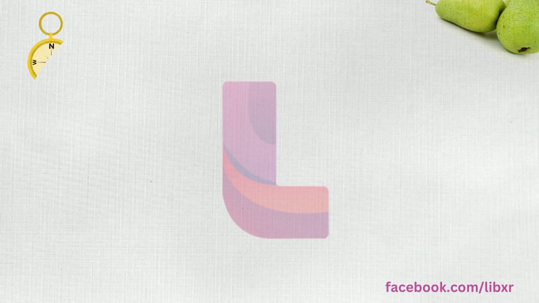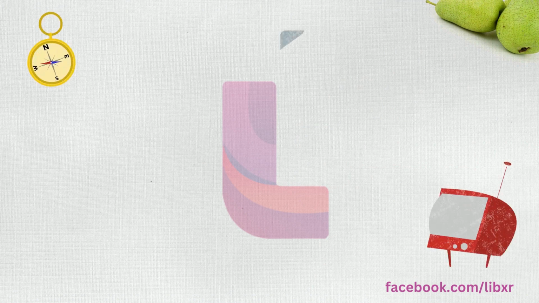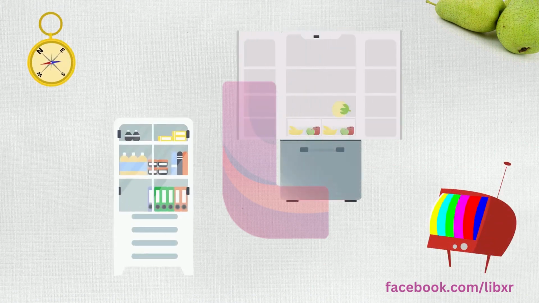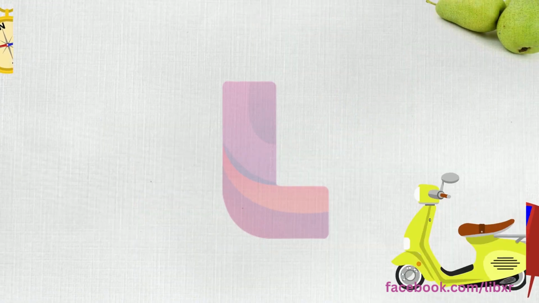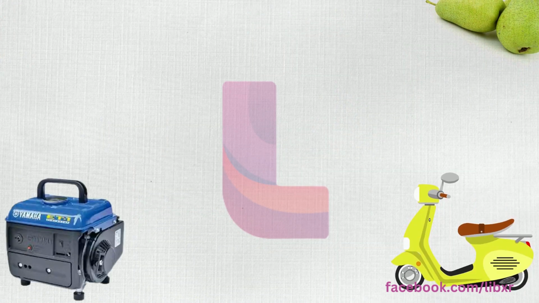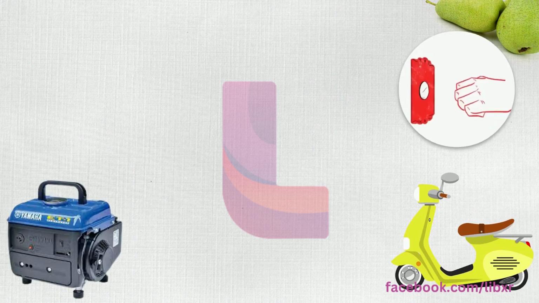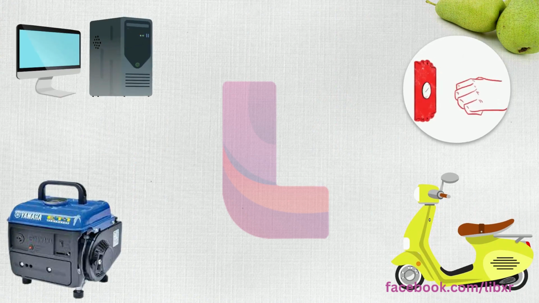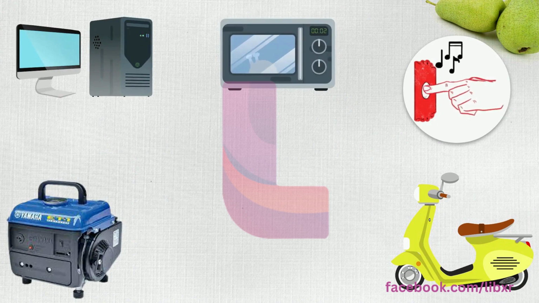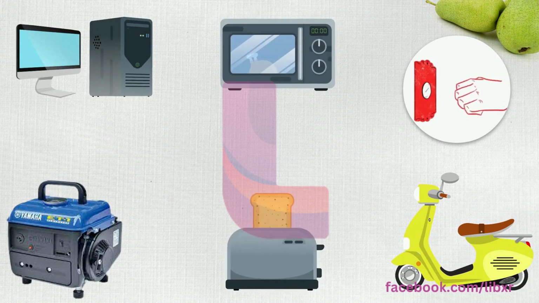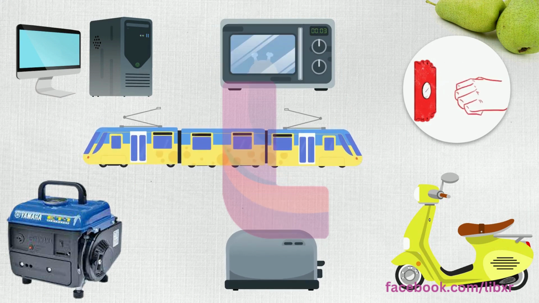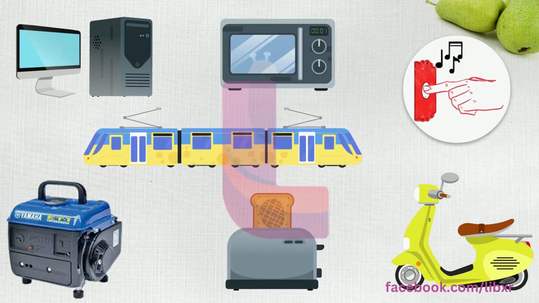Compass, television, refrigerator door, cabinet doors, motors and generators, doorbell, computer, microwave oven, toaster, and trains have magnets inside them too.